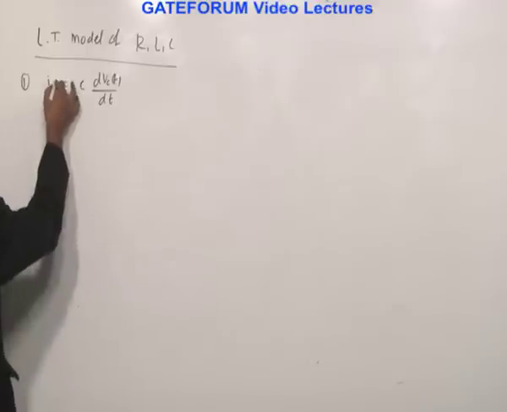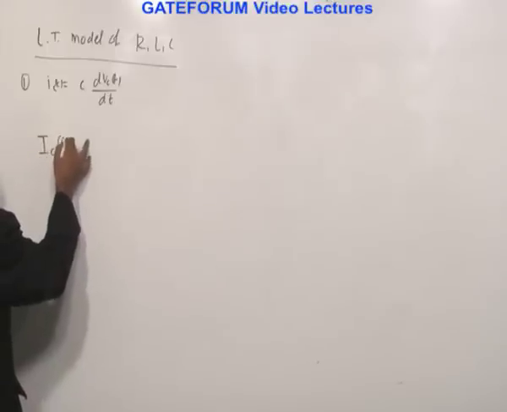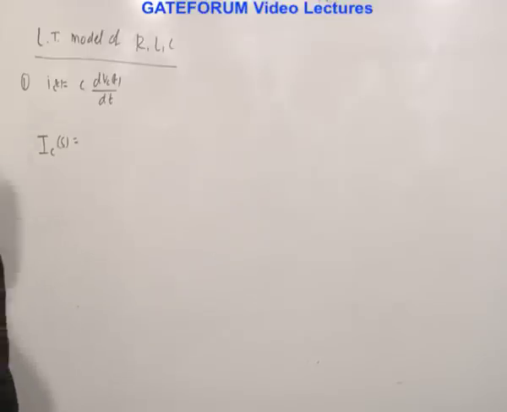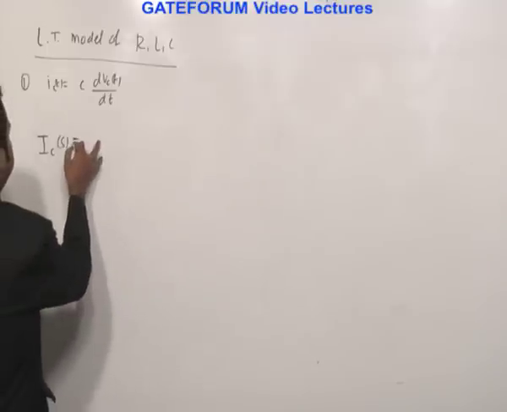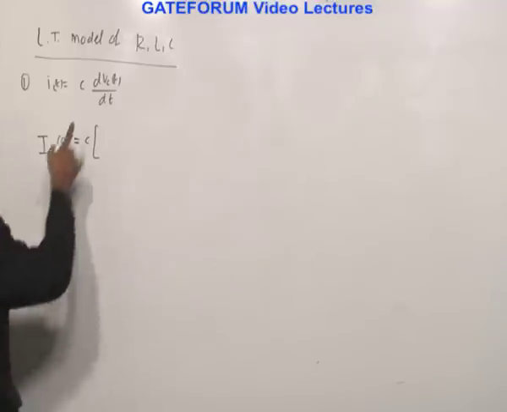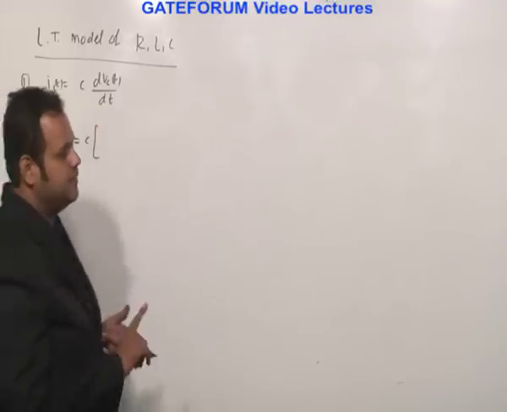If I take Laplace transform on both sides, x of t having x of s, so IC of t having IC of s, and we usually use the capital letter for the Laplace case. C is a constant, so I am keeping it outside. What is the Laplace of dx by dt?